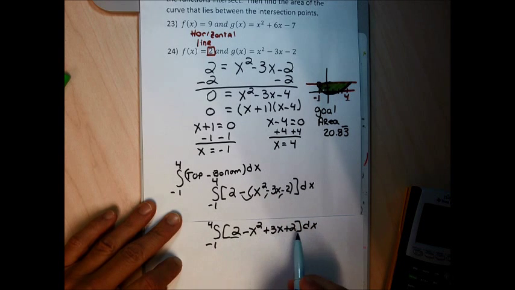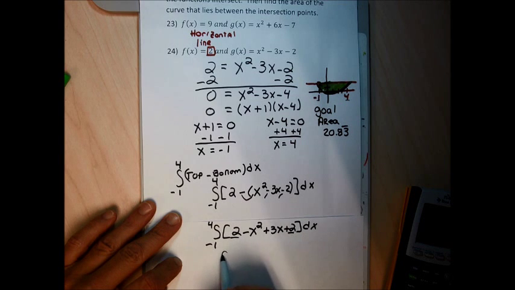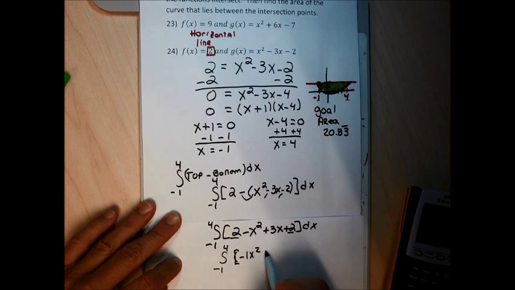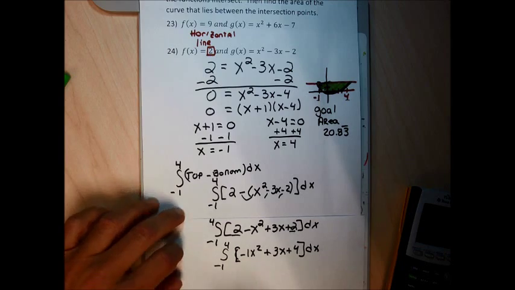I'm going to combine the 2's together to get a 4, and that x squared, it may not help me so much that it doesn't have a number in front of it, so I'm going to put a 1 in front of that x squared. So that's the function that I'm going to integrate, -1x squared plus 3x plus 4 dx.